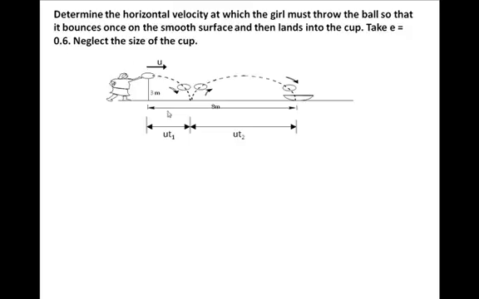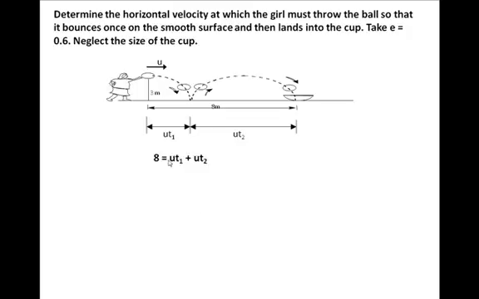With this data, the cup is 8 meters away and the girl is throwing it from 3 meters height from the ground. With this data, what we want to know is what should be the value of u so that it exactly falls in this cup. Now, if u is the horizontal velocity and if we accept that these both are projectile motions, then from the basic fundamental of projectile, the horizontal velocity of the projectile never changes.